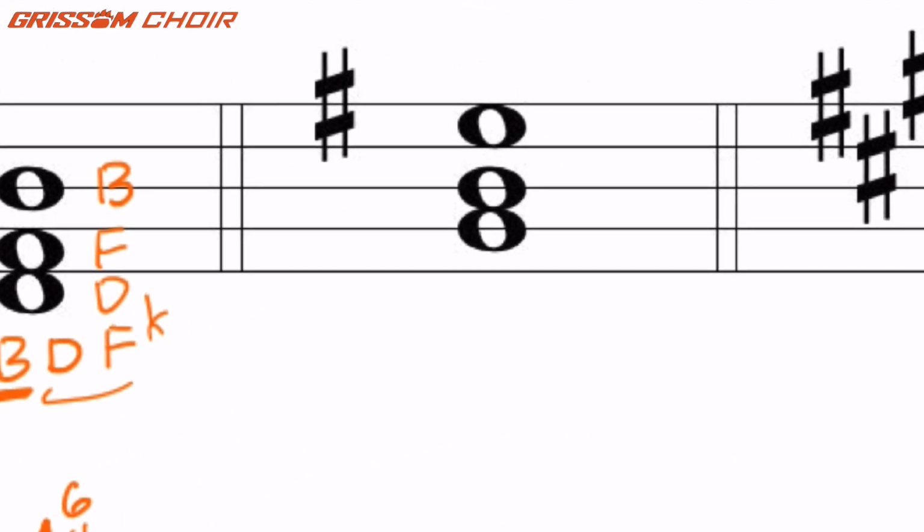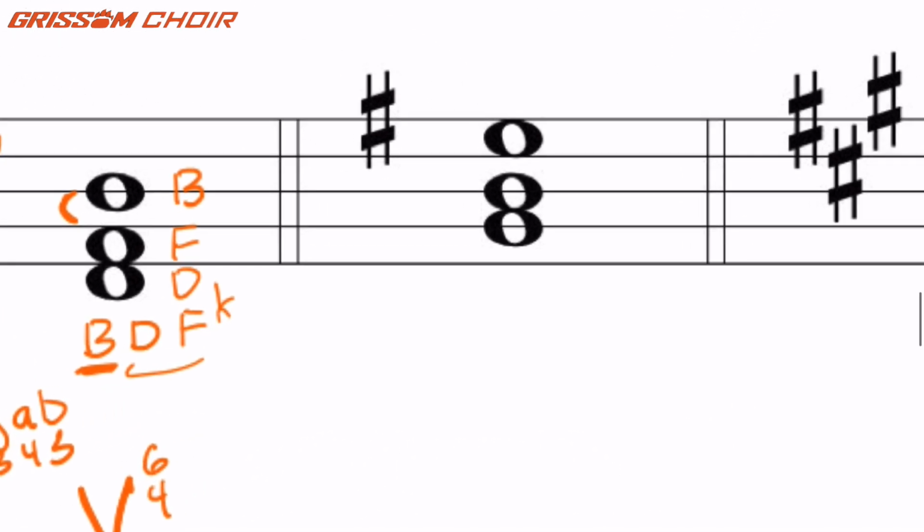This next example, we are once again in the key of G major because we have one sharp and we go up one.